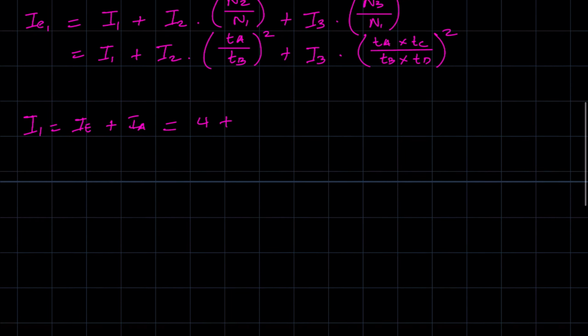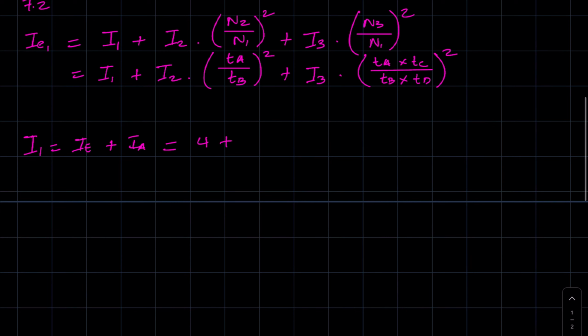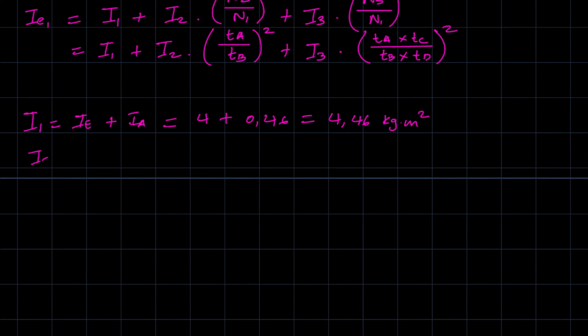So that would be 4 plus IA, which is 0.46. So this is equal to 4.46 kilogram meter squared. Then you calculate I2.